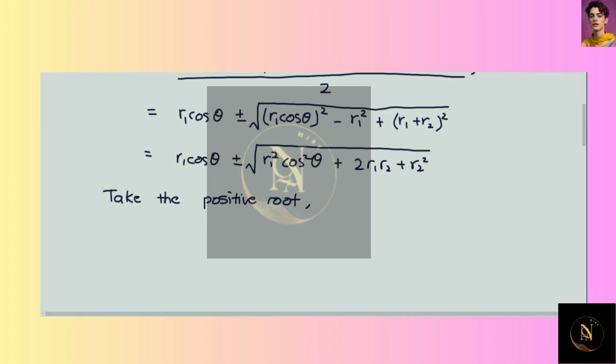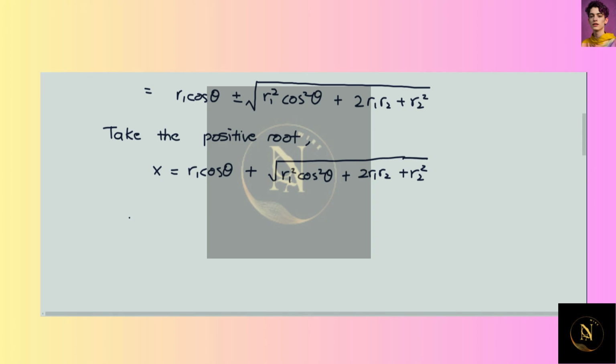We are going to put x equals r1 cosine theta plus the square root of r1 squared cosine squared theta plus 2 r1 r2 plus r2 squared.